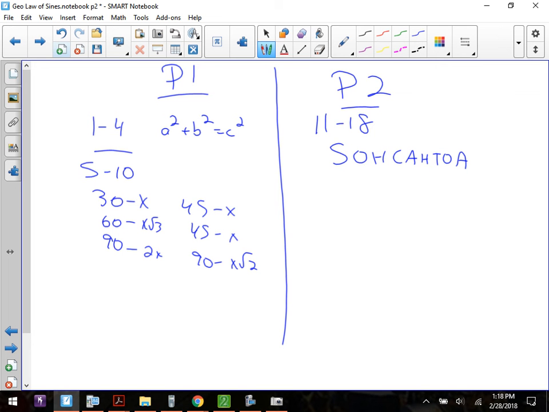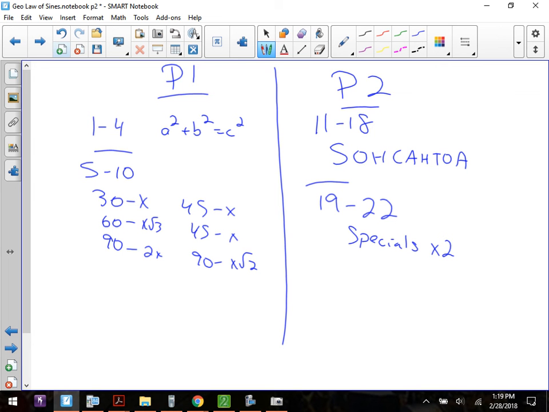The last 4 are the ones where we would use the special right triangles twice, in 2 different triangles. And we'll spend more time on that tomorrow. I'm just going to say it's specials times 2 because you have to use specials twice. You have to work your way around the triangle.